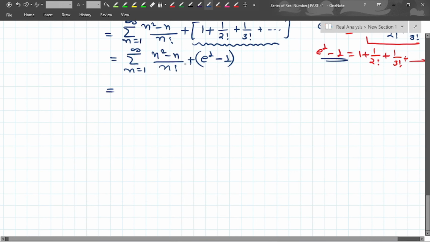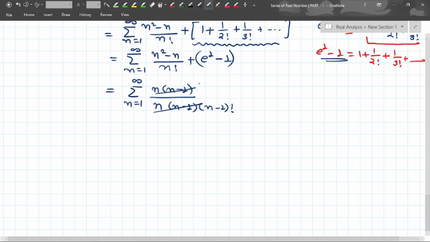Now, my task is to solve this part. If I take n equals 1 to infinity, I can take common n minus 1, and I can express this n factorial as what? n factorial is n into n minus 1 into n minus 2 factorial. Then it can easily be cancelled.